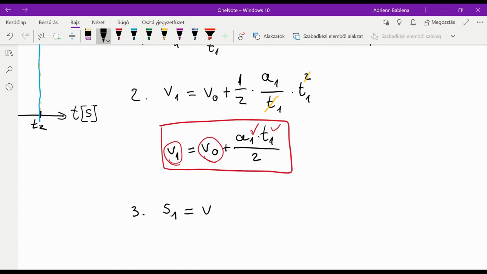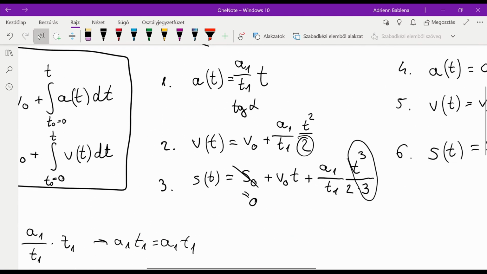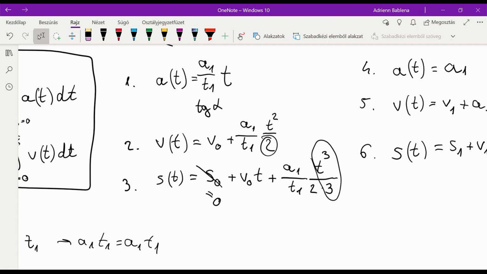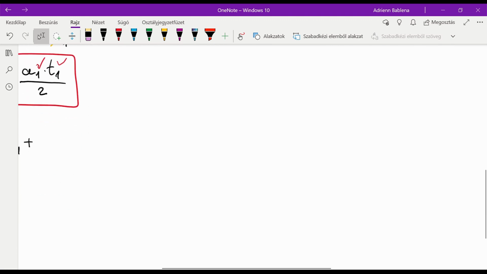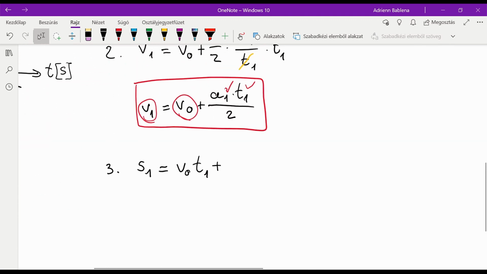I can write v0 times t1 minus t0 again, so I can write t1 because t0 is 0, plus a1 over t1 times t squared over 6.